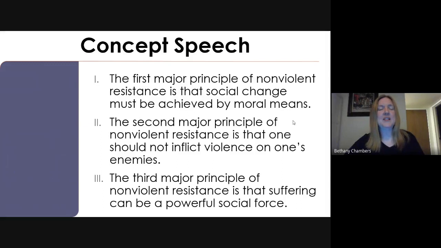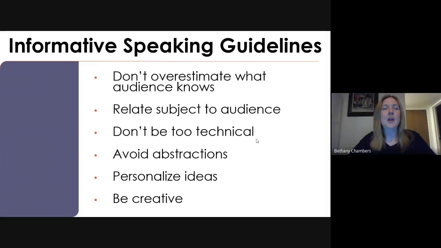The second major principle of nonviolent resistance is that one should not inflict violence on one's enemies. And then the third major principle of nonviolent resistance is that suffering can be a powerful social force. So the next step would be breaking that down into subpoints and offering details, etc.